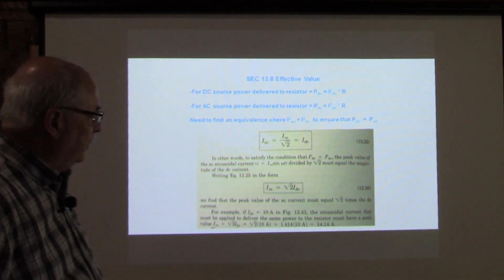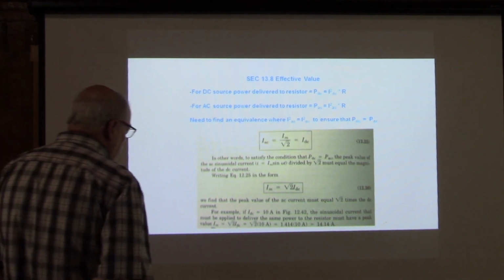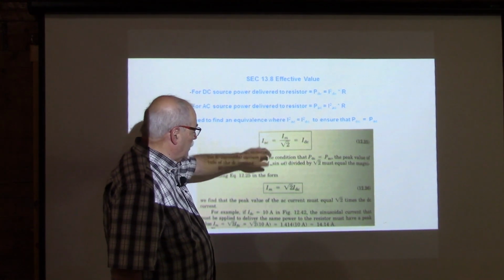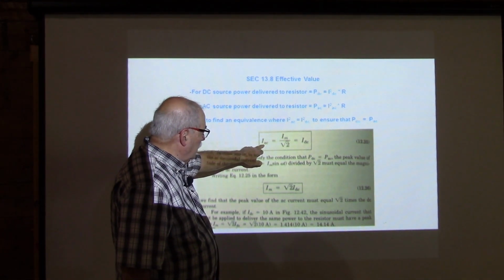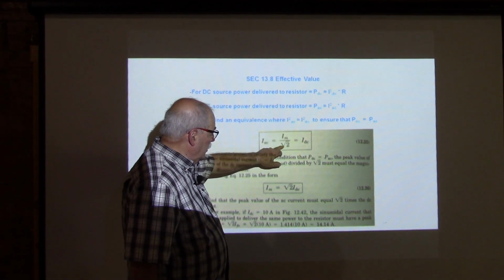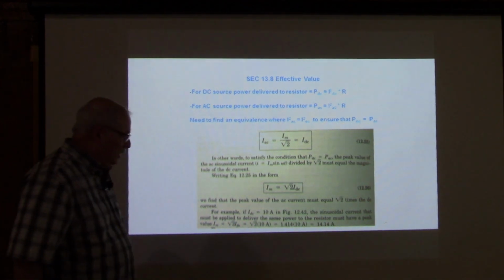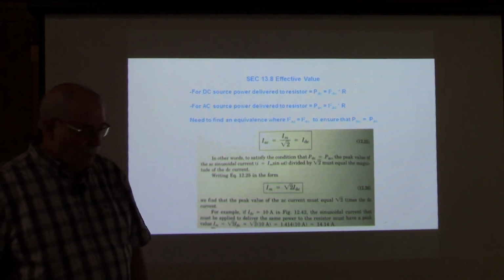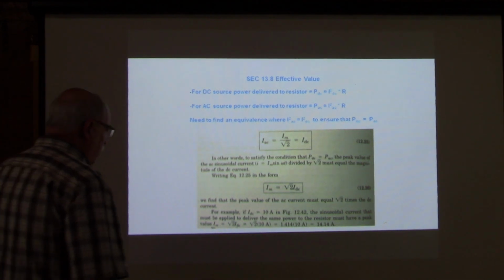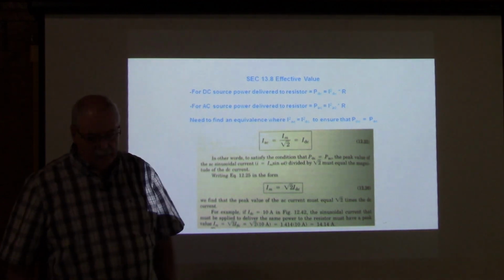So the relationship of the AC to the DC is, in this case, talking about current because we're talking about the power. The AC current is the maximum current divided by the square root of 2, and that's equal to the DC current. Likewise, if you're finding the peak current, the peak current is equal to the square root of 2 times the DC current.